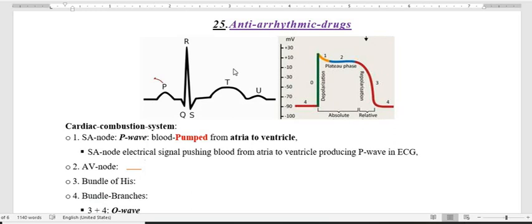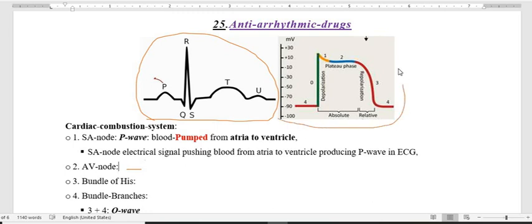If you go through the ECG, that is the electrocardiogram, you will get a graph like this. And this whole graph indicates the contraction of the ventricle. This is the action potential, represented in the form of ECG.